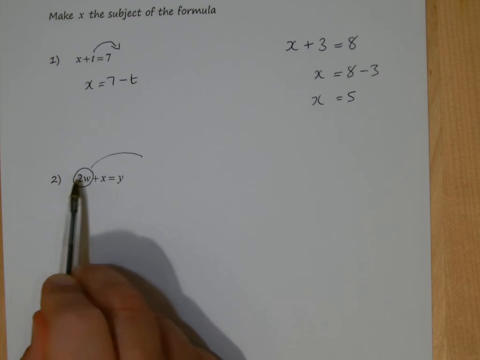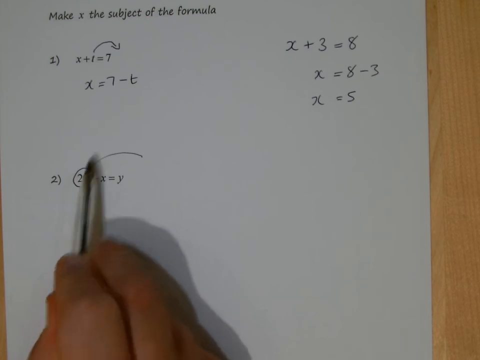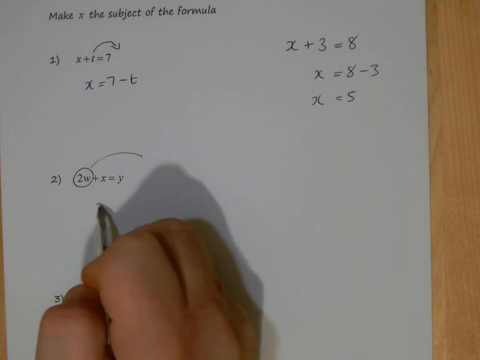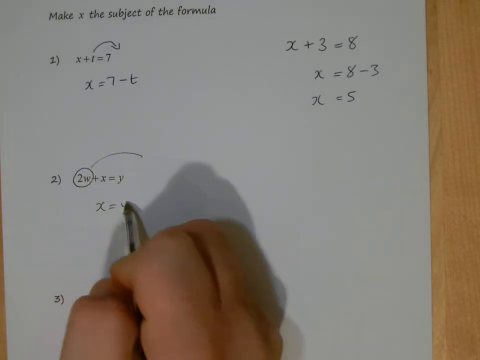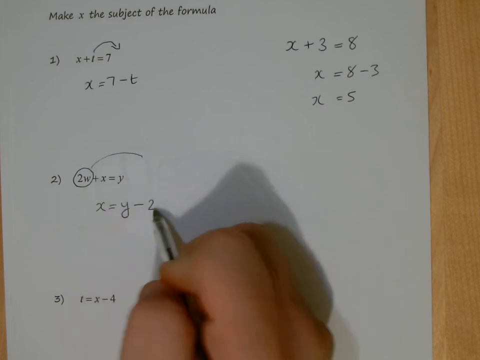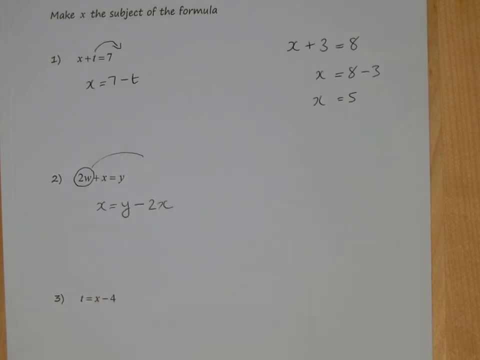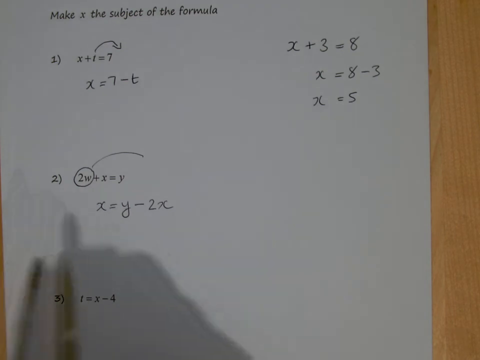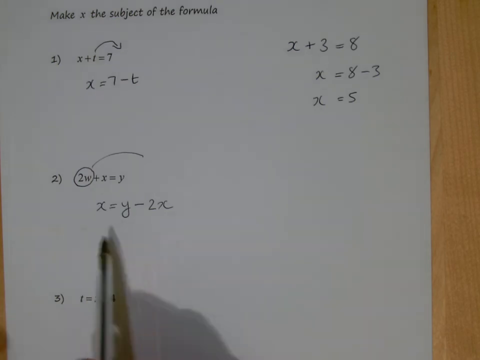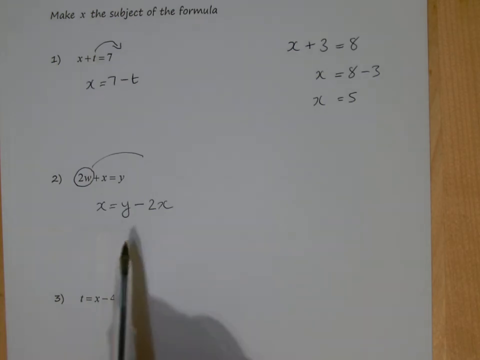So when you take that over, it becomes a negative. So you end up with x on its own equals y take away that 2w, which goes over and becomes minus 2w. And you've done what I've asked for. You've got x equals. You made x the subject of the formula. You're just rewriting the formula so that you can have x equals.